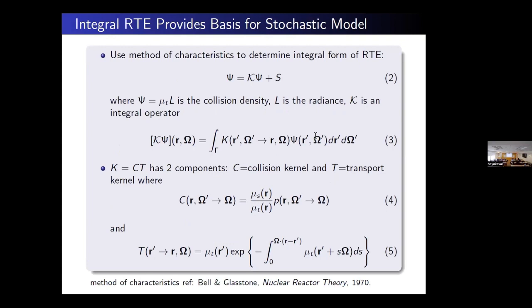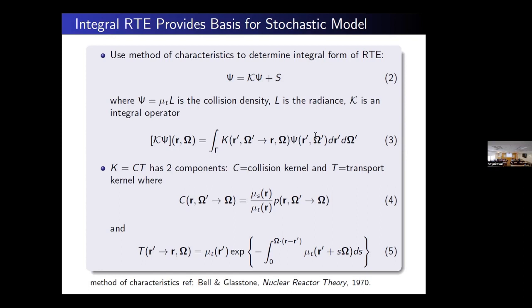I'm not going to do the details. They're pretty straightforward. If you've taken a PDE class and done method of characteristics, Bell and Glasstone shows you really good details so that you can follow along. And you get an equation for psi, this integral form. Psi is the collision density, and it's related to the radiance by a factor of mu_t.